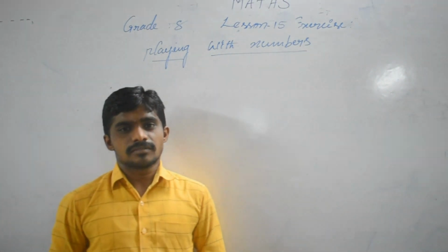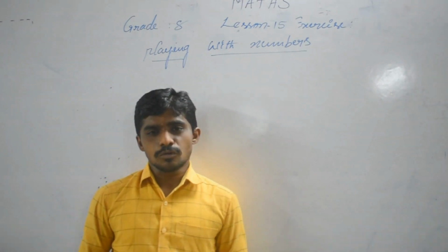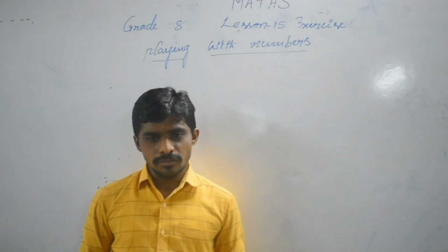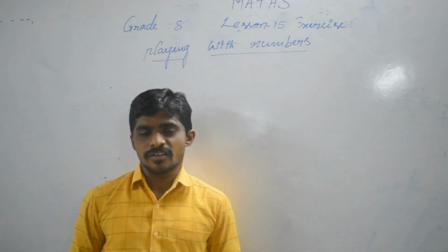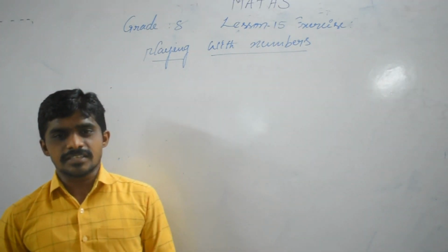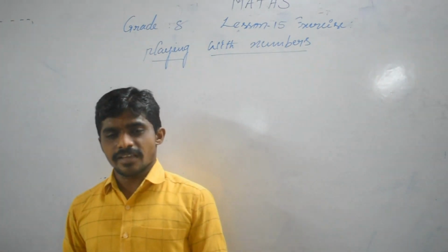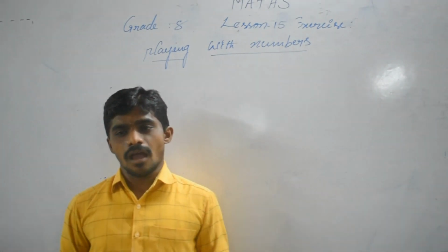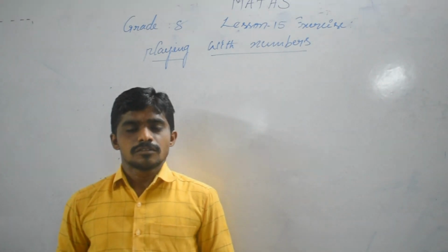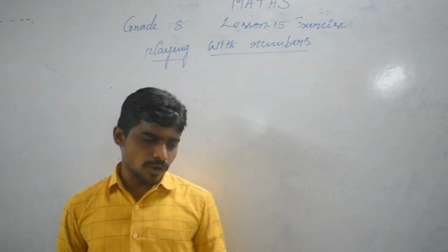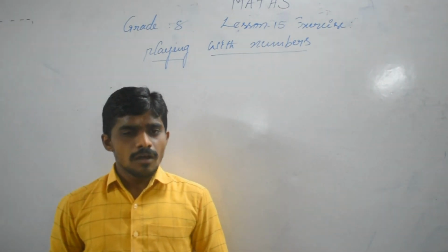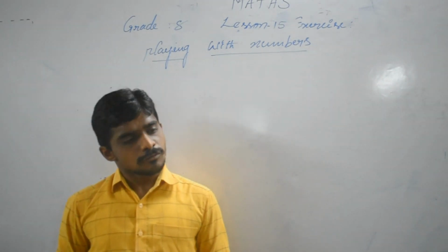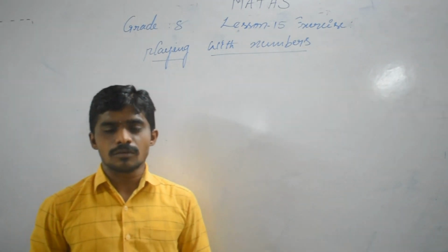How to define divisibility by 2, 3, 4, 5, 6, 7, 8, 9, 10, 11, 12, 13? We use the divisibility rules.